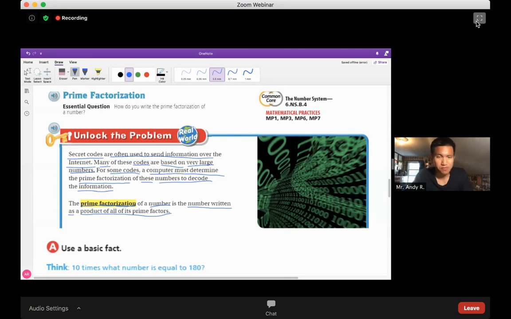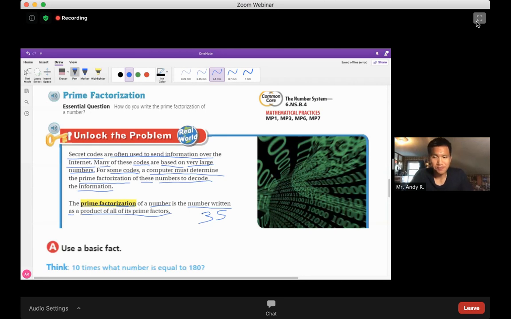So prime factoring is a number that can be written as a product of all of its prime factors. So what we're going to do is take numbers, and then keep breaking them down. We're going to factor them, break them down into their smaller numbers, their factors, until they become nothing but prime numbers.